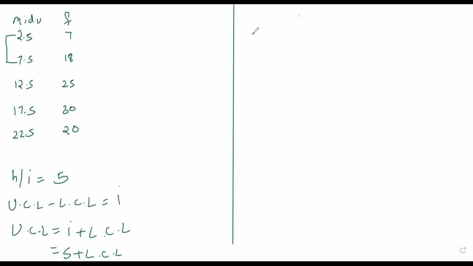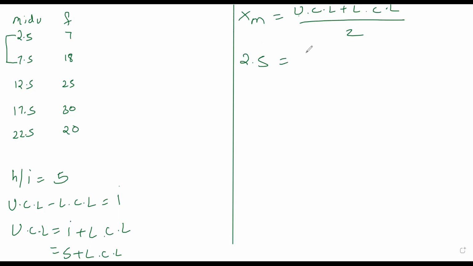Now they are talking about mid values. Mid values are denoted by Xm. 2.5 was not the class interval, it was the mid value, so that went wrong. My mistake, sorry. Mid value is upper class limit plus lower class limit divided by 2.